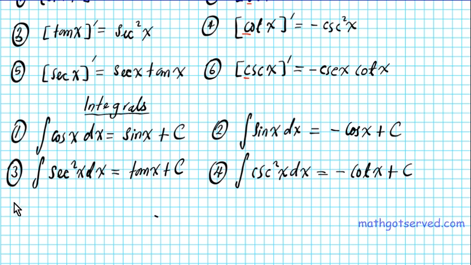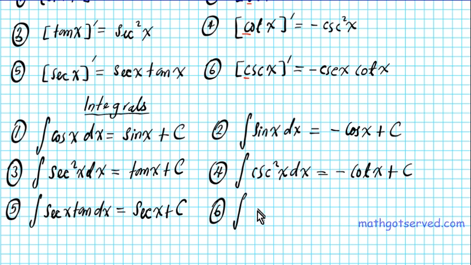Now let's take a look at formula 5, which is the integral of secant x tan x. We know that the derivative of secant is secant x tan x. So that follows that the integral of secant x tan x is going to be secant x plus c. Formula 6.